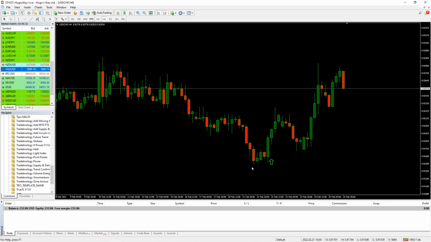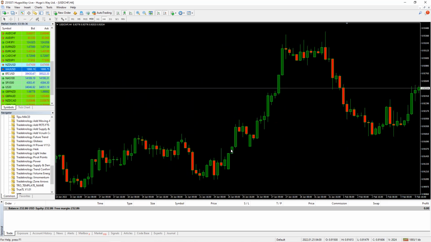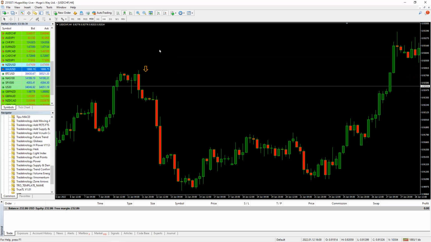What you're going to see with this indicator is a green arrow or an orange arrow, like you see over here. Orange is giving you an indication that it's going to go into the sell side. So you can see, if you mark where it showed in a bullish candle, immediately after it showed, it went red, went back to green for a short period, and then boom, the bottom fell out.